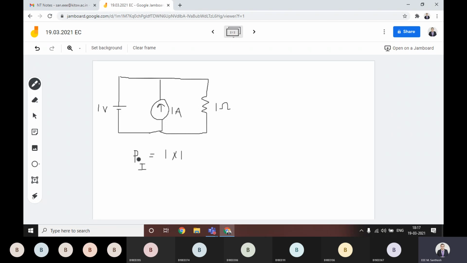Actually, whenever we talk about a source, the power is not consumed, it is delivered. The power delivered is 1 watt. And if you are talking about the resistor, it is power consumed only. This resistor is 1 ohm, the voltage across it is 1 volt, and the value of current is also 1.